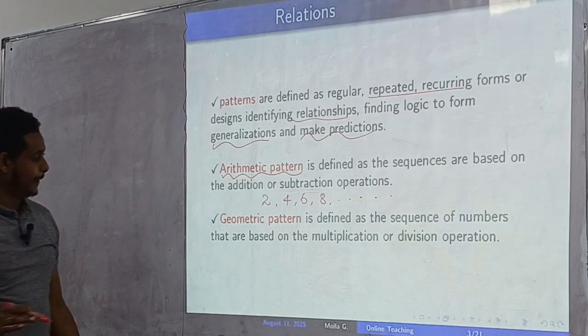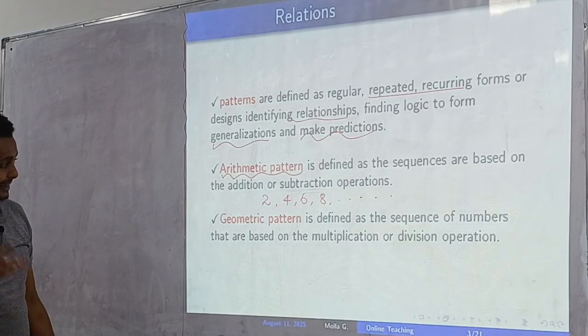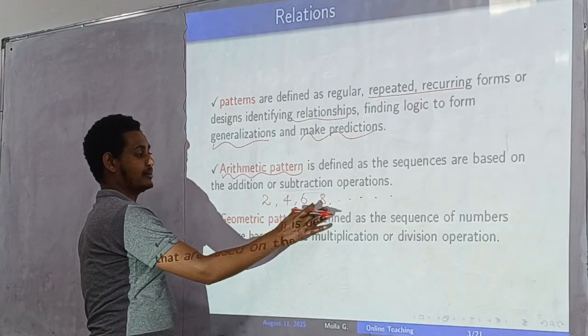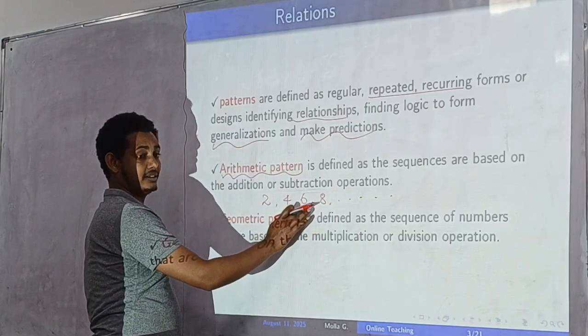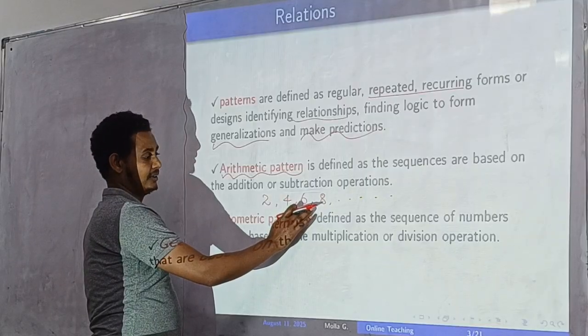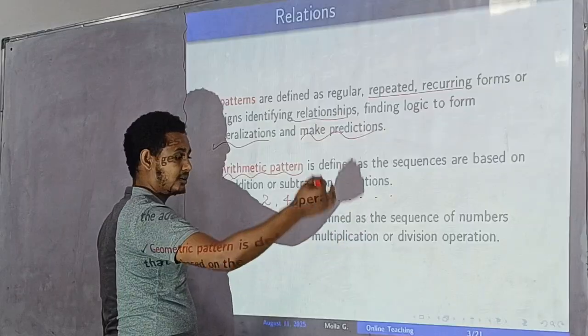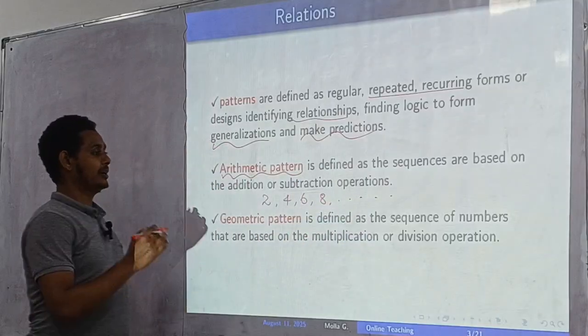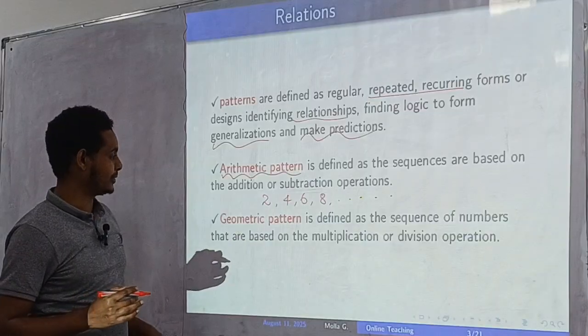These are simply a collection of numbers, but we can predict the next number by looking at these numbers carefully. 2, then 4, then 6. We can find the next number by adding 2, then 8 plus 2 is 10, then 12. We can continue this way. This type of pattern is what we call an arithmetic pattern or arithmetic sequence.